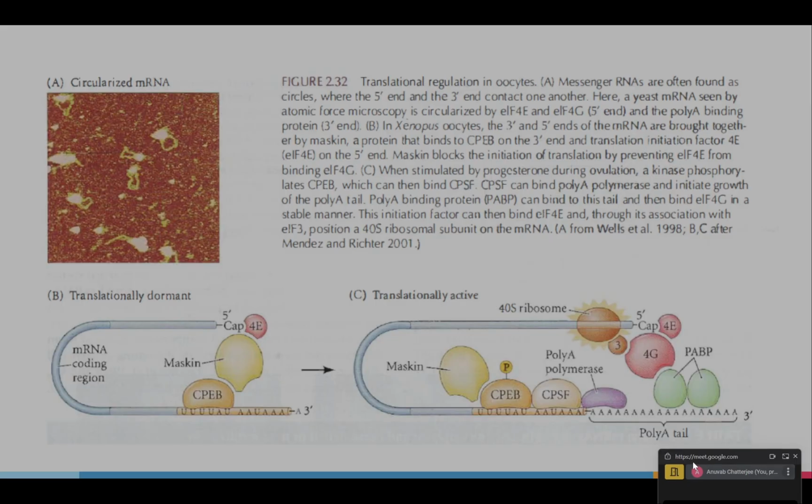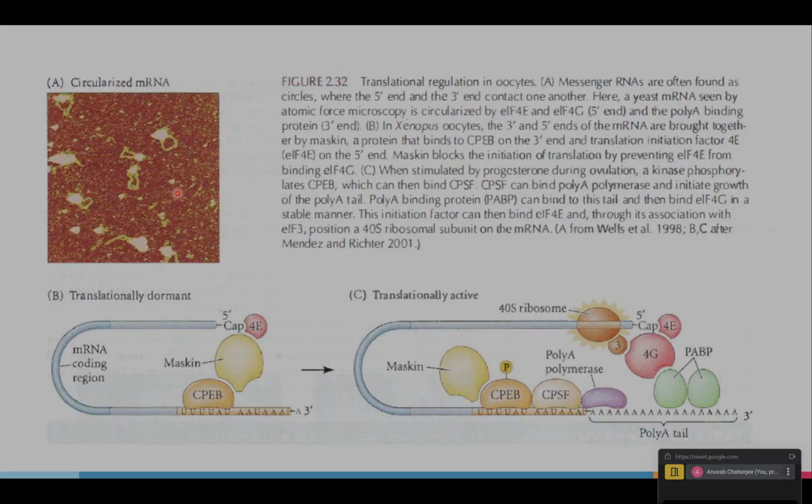So here we are discussing how translation regulation occurs. Normally when we draw our mRNAs, we always draw them in a straight line with different elements present. But in the cytoplasm, they do not exist as a straight line, but instead in this circularized form with a crown on top of it. What is this? In case of cytoplasmic mRNAs, they are bound by multiple proteins.